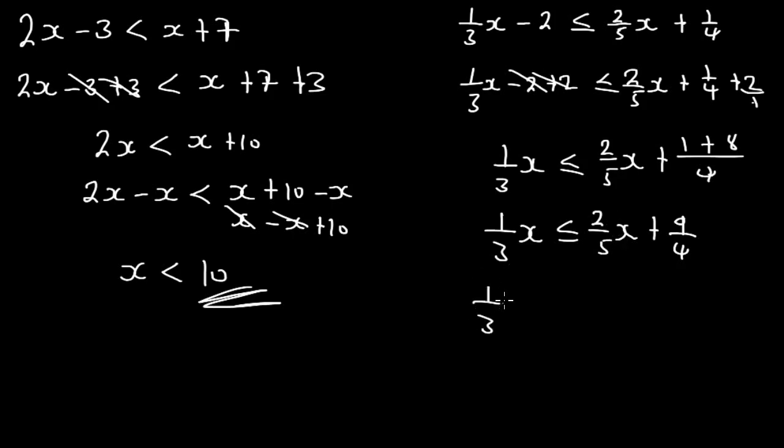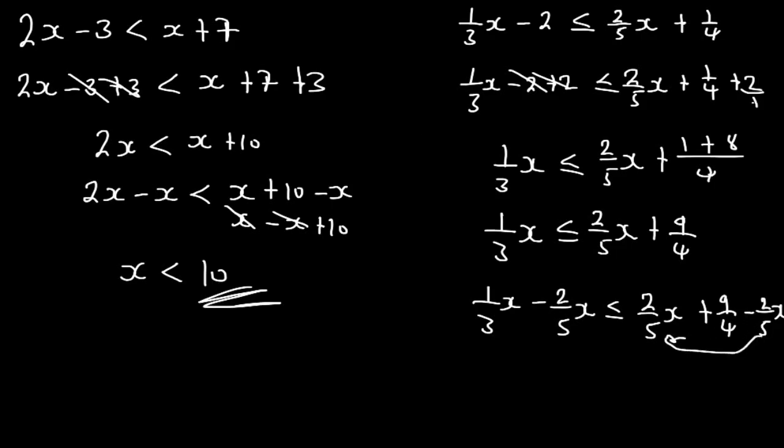Then we have 1 over 3x minus 2 over 5x, that's less or equal to 2 over 5x plus 9 over 4 minus 2 over 5x. Perfect. Just as we did in the first example, we need to combine these two, where the sign will not change.